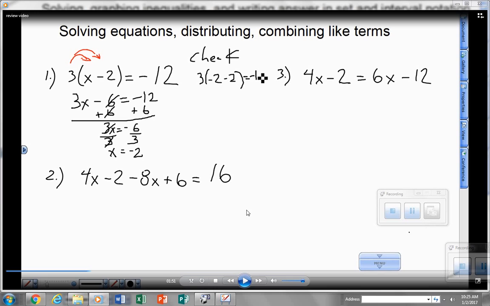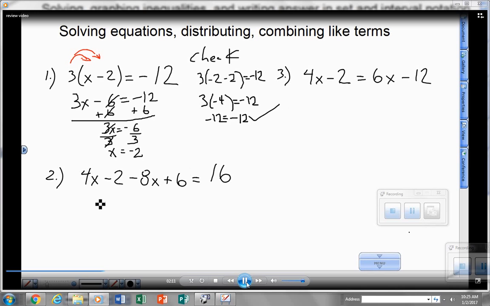All right, so here we go. So that gives me negative 12 right there. 3 times that negative 4, which I get by combining those two negative 2's. And then that 3 times negative 4 does give me negative 12. So that shows that that check does prove that x equal negative 2 is a solution.